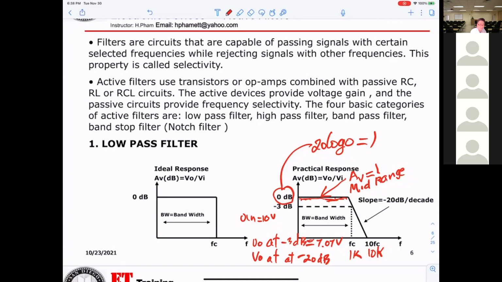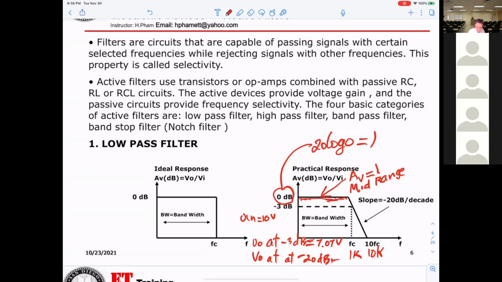And the second question, what is V out at minus 20 dB? If you do not understand that, how can we keep moving? 1 volt. 0.1, I believe. Minus 10 dB would be 1/10, and then 1/100th.